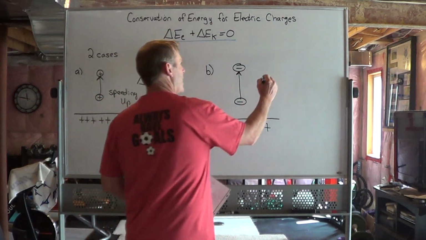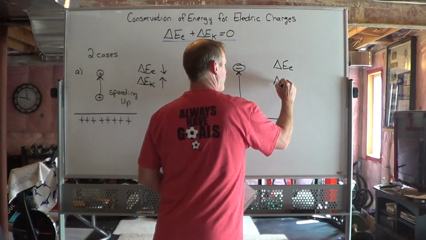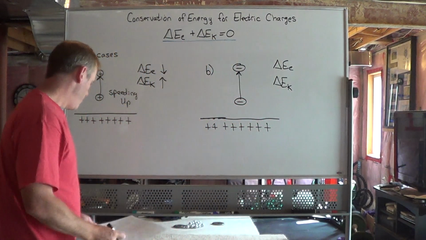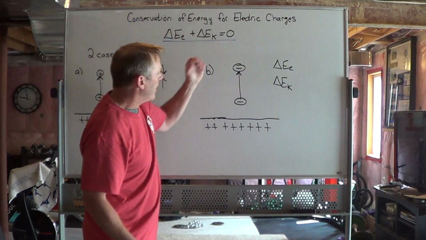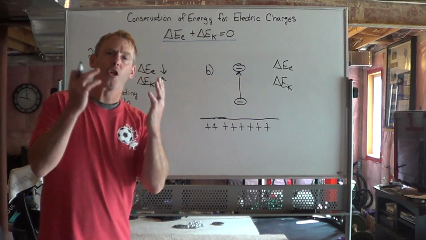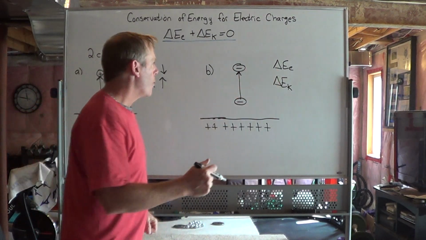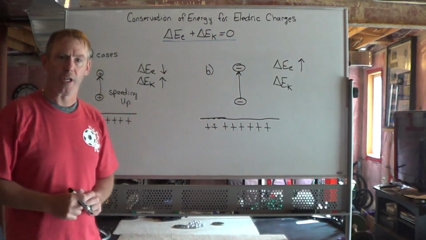And so again, if I look at both the electric potential energy and the kinetic energy, what's happening this time? Well, the negative charge is being moved away. And it's because a positive and a negative are attracted to each other. As we pull them away, we're increasing our electric potential energy.